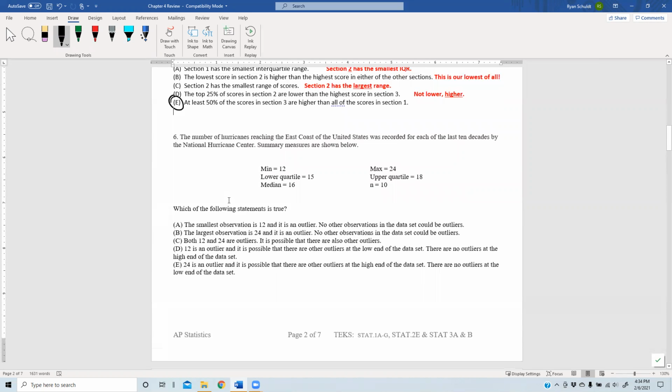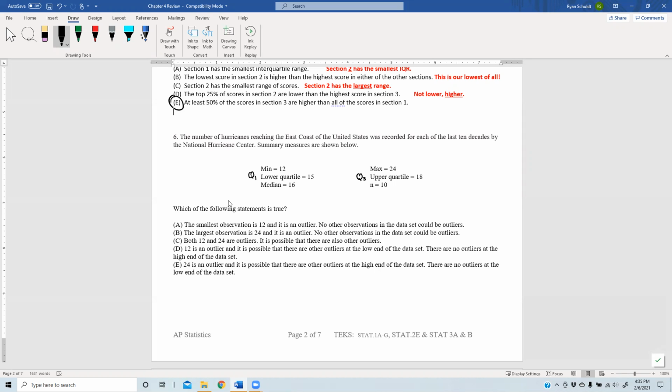Number 6. The number of hurricanes reaching the east coast of the U.S. was recorded for each of the last 10 decades by the National Hurricane Center. The summary measures are shown below. So they give us the min, the max, the lower quartile, which is Q1, the upper quartile, which is Q3, the median is 16 and is 10.